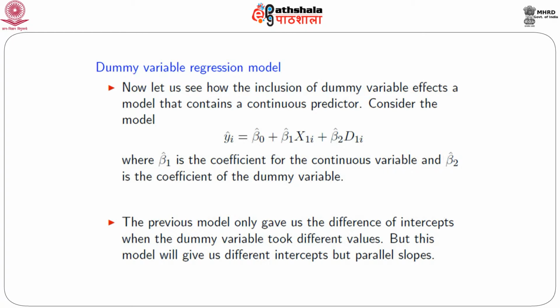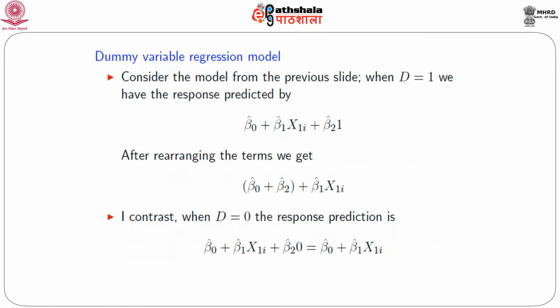But when we consider the above model, where we also included a continuous predictor variable, the model will give us a difference of intercept, but with two regression lines which are parallel. So, consider the model from the previous slide. When d equals 1, we have the response predicted by beta naught hat plus beta 1 hat x_1i plus beta 2 hat times 1.